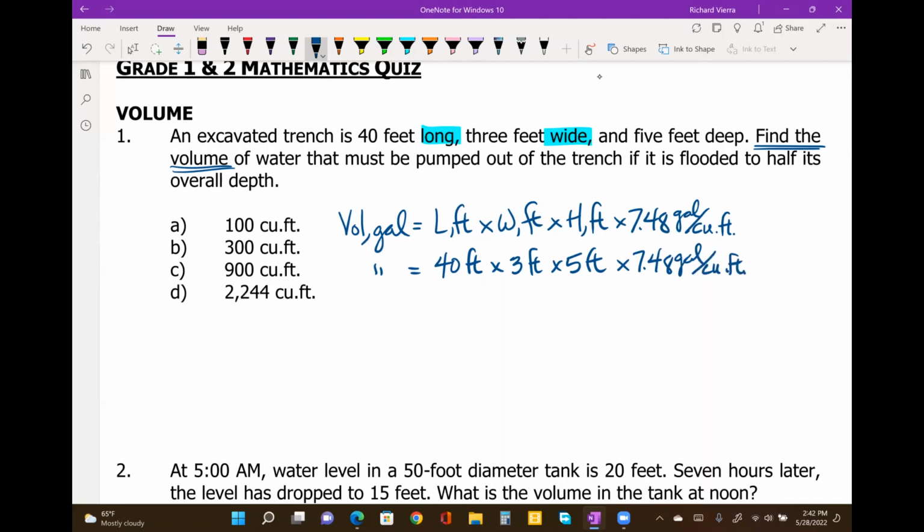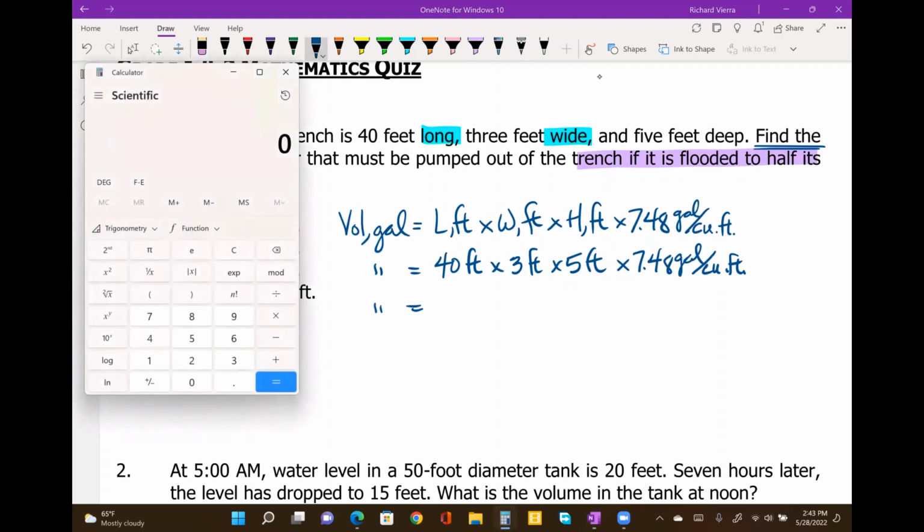If we multiply those through, recognizing that there's a little extra or unique information given here, the trench is flooded to only half of its overall depth. So we're going to take half of this total amount. We come up with 40 times 3 times 5 times 7.48.